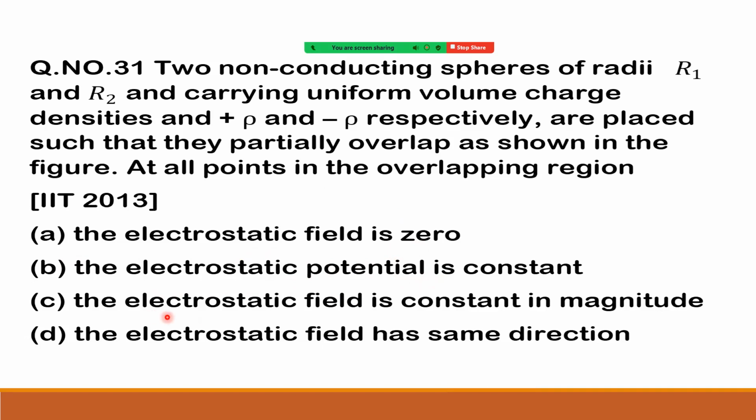Next, the electrostatic field is a constant in magnitude, and that is correct because we got rho by 3 epsilon naught into A bar. The electrostatic field has the same direction. The question asks at all points in the overlapping region, and at all points it has the same magnitude and the same direction. So the answers are options C and D. So the same concept was asked two times.